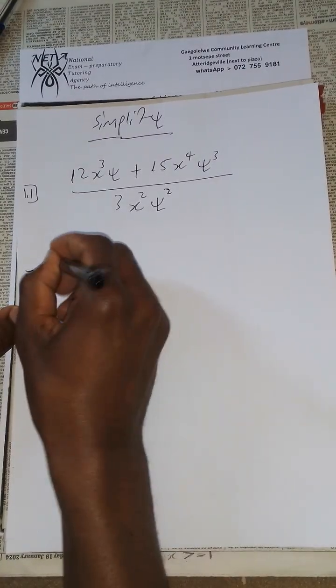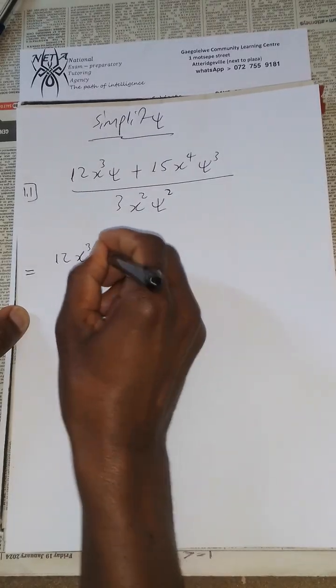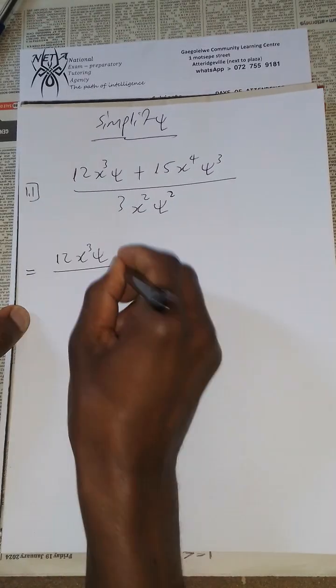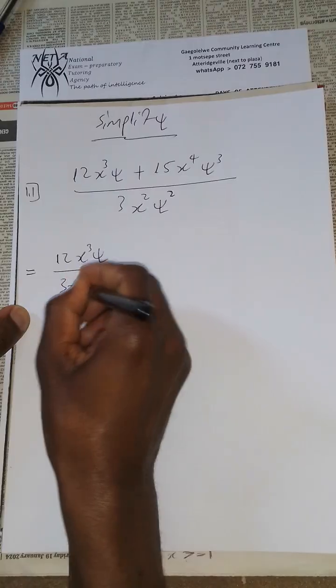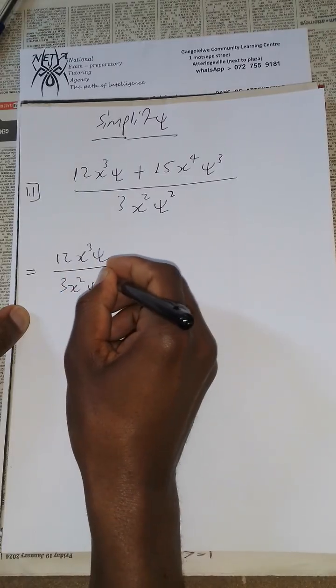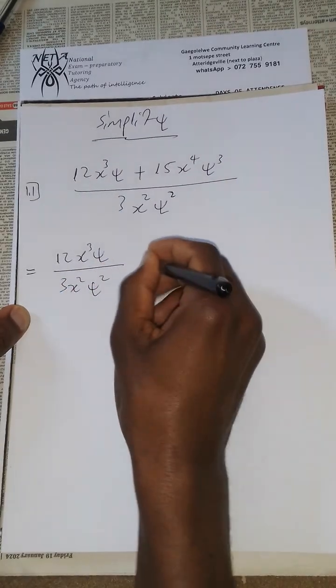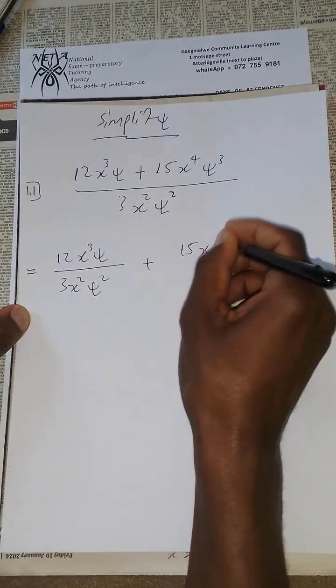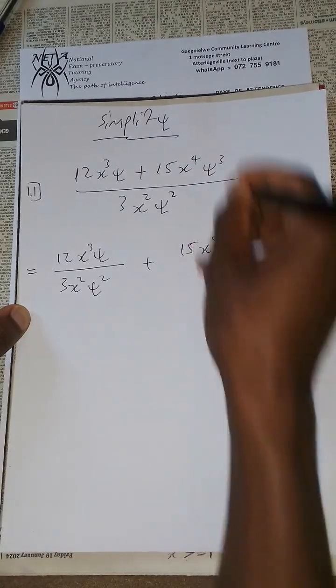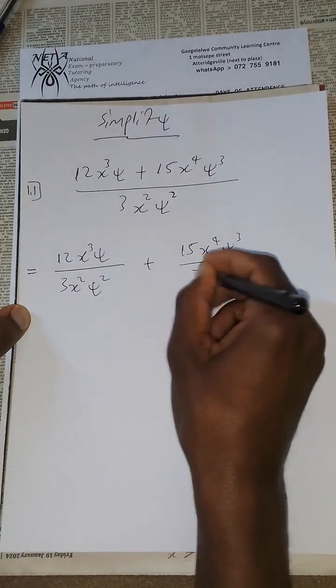Now let us put that into practice. You do that by allocating your denominator to each term in the numerator, and this is how we reverse the observation that we are seeing.